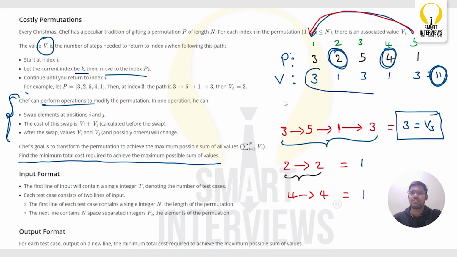To make the sum of all the elements in the V array the maximum possible, how many operations do you have to do, and for each operation, how much cost will it take? So in the minimum cost, you have to maximize the sum of all the values in the V array.